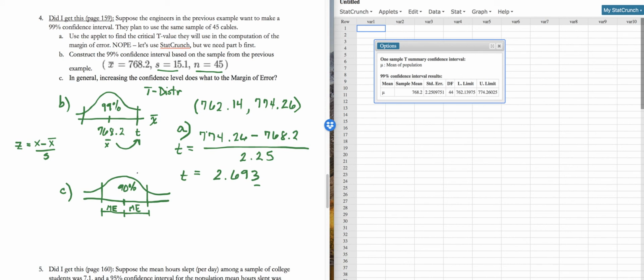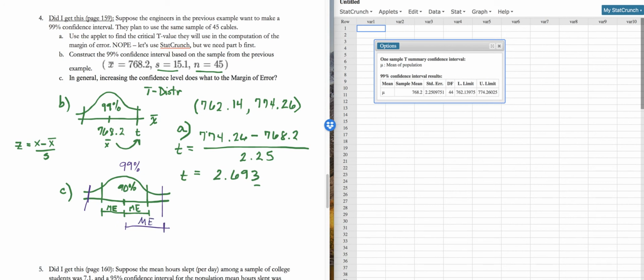Now, if I increase that to, say, a 99% confidence interval, if I need to increase the confidence, I'm increasing the area. That means that these endpoints have to move out. So now the margin of error is this distance.